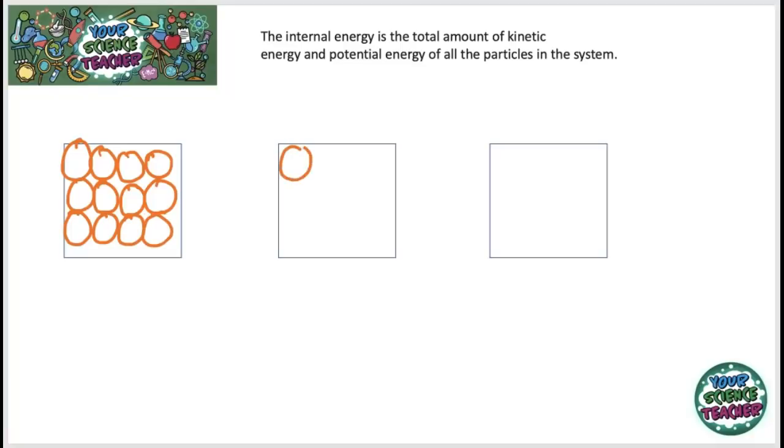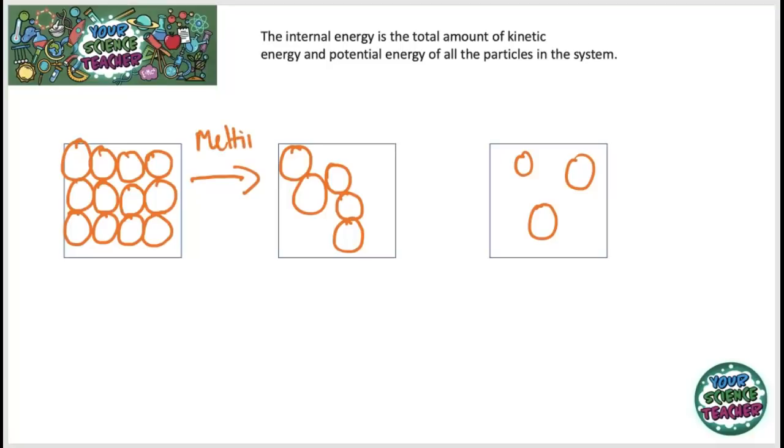And when I go to a liquid, the particles are no longer in rows and columns, however, they are still touching. And then in a gas, my particles are no longer touching and they are free to move. Now we need to know what the changes of state are called as well, and going from a solid to a liquid, that is called melting, and going from a liquid back to a solid, that's called freezing.